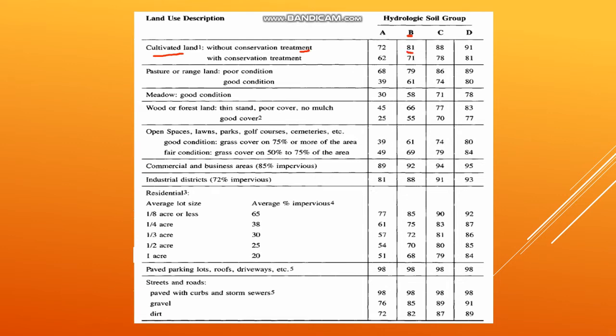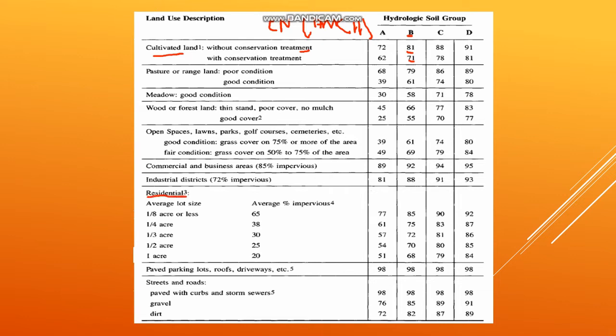With conservation treatment, the curve number is 71, which needs to be taken. This curve number, as we said, is for AMC2. So these numbers are all for normal condition.